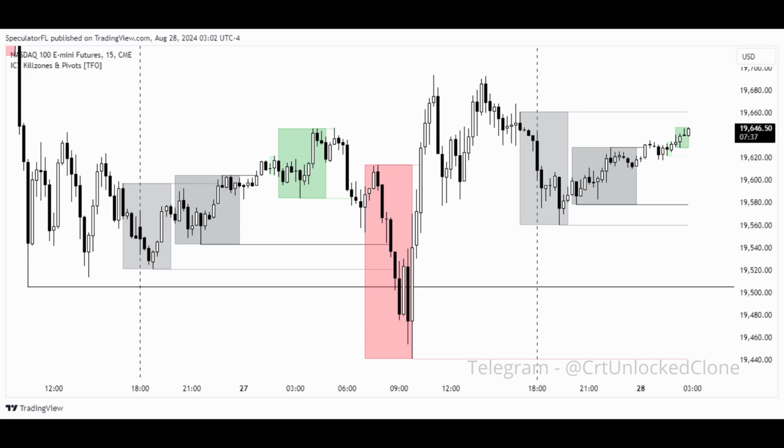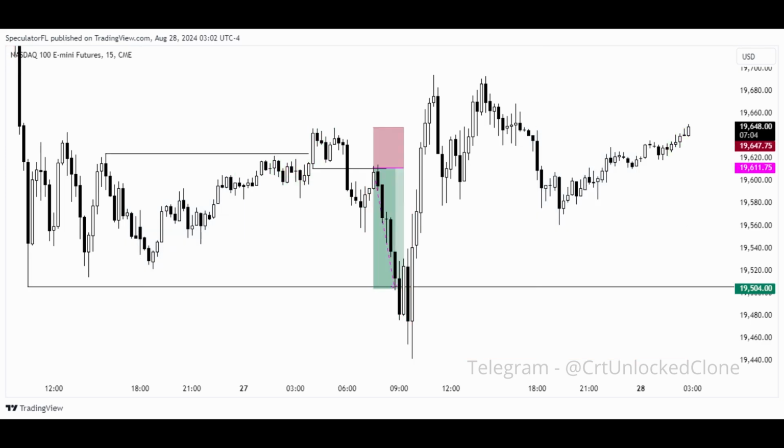You can see that here we had this manipulation profile, and with the manipulation profile we tested a higher time frame key level, and then that manipulation profile ended once we closed below this candle which had purged the CRT, and after that the only outcome for price is to expand lower, right? So I expect the price to then expand lower towards our short-term down liquidity, which is this low, right?